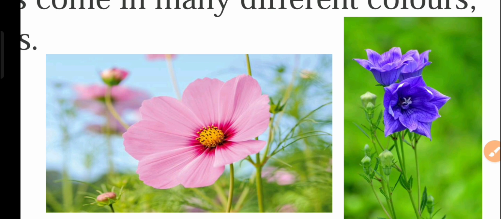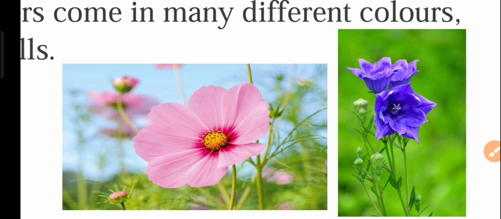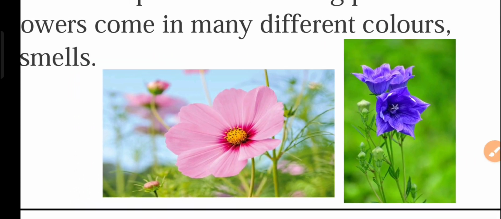A flower is present only in the angiosperms, which are therefore known as flowering plants, right? In a plant we can see the most beautiful part, that is the flower.